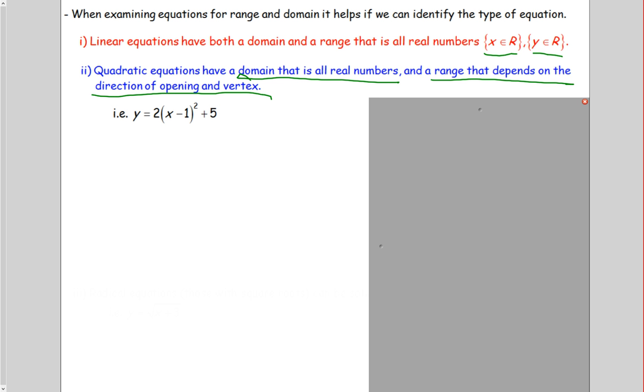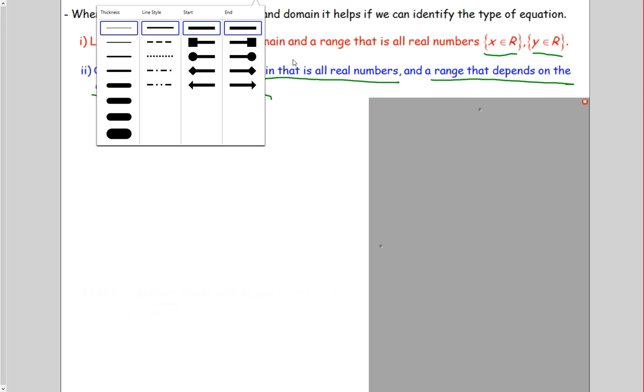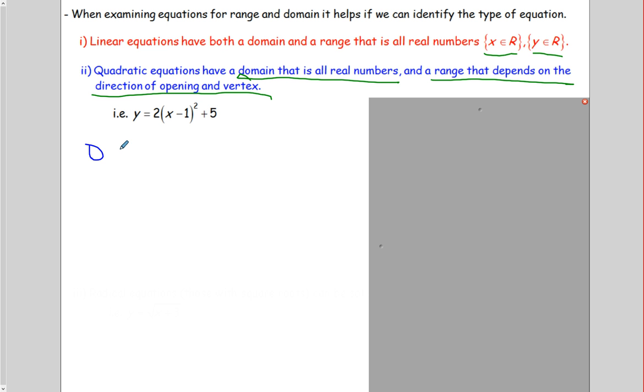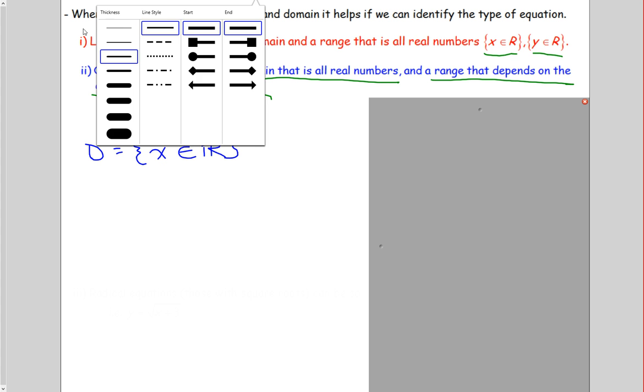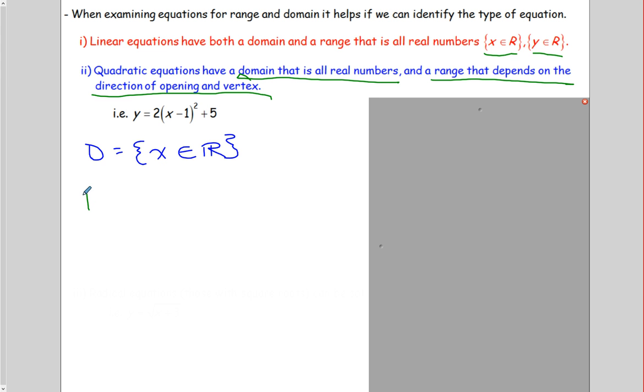So let's go back to our equation here. Now that we know what it looks like, we'll say, okay, the domain, x is an element of real numbers, and we're done with the domain. Could be anything. And you can try plugging anything you want into your equation as an x value, and you will get a corresponding output.